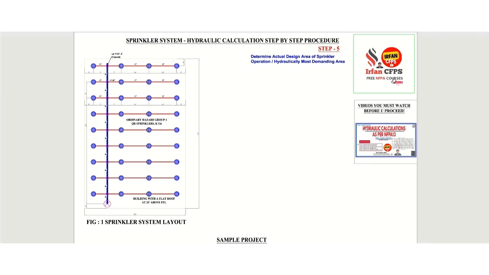So in step 5, we shall determine the actual design area of sprinkler operation, or we can say the hydraulically most demanding area.